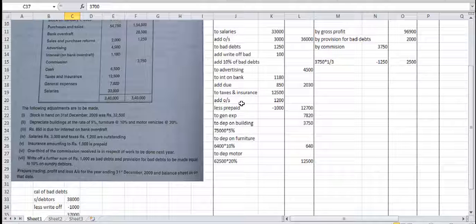Where were we? Less prepaid, advertising, bad debt 10% here. It should be 3,700, and the write off amount is 1,000. So now this is 3,700.